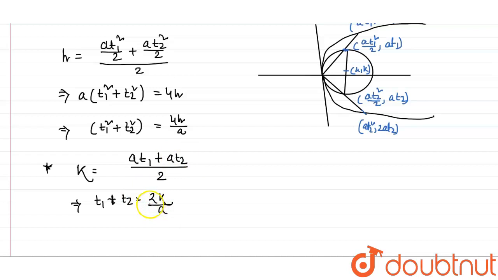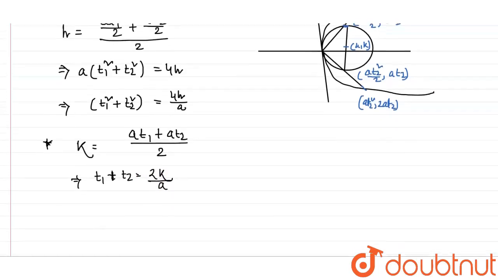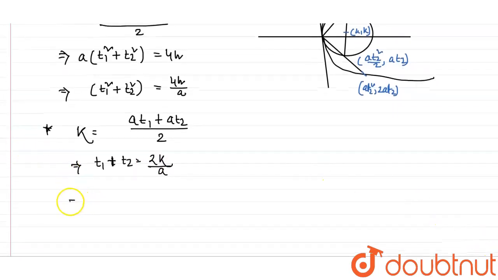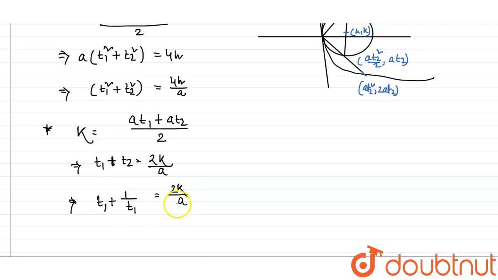Is this okay? Now we know that t1 into t2 is equal to 1. So this can be changed to t1 plus 1 by t1 equal to 2k by a.